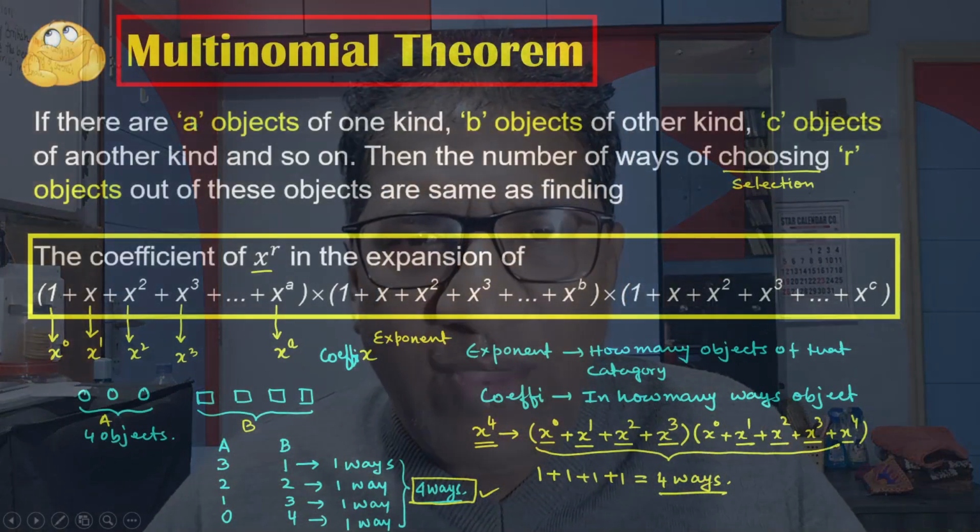Right? Have you understood this multinomial theorem? Okay, let me take another example. Let us say we are having the word IITJEE.